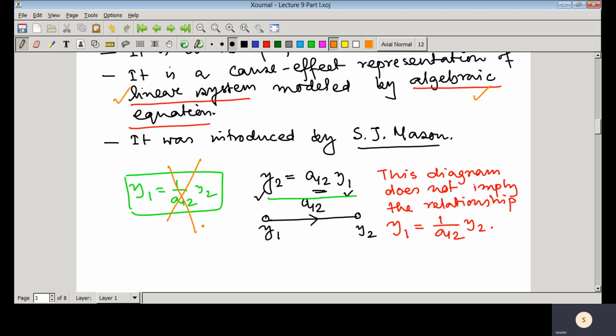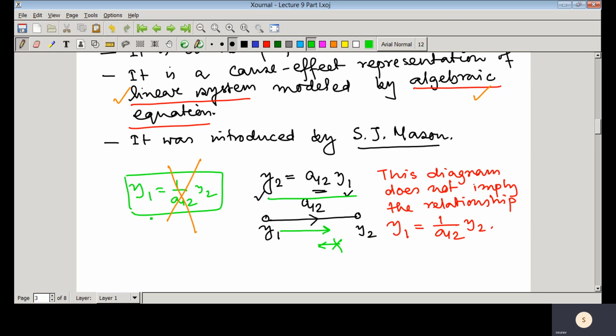The reason is, the signal flow graph shows that the signal is flowing from y1 to y2. Along that direction the signal is flowing, but there is no signal flowing from y2 to y1.